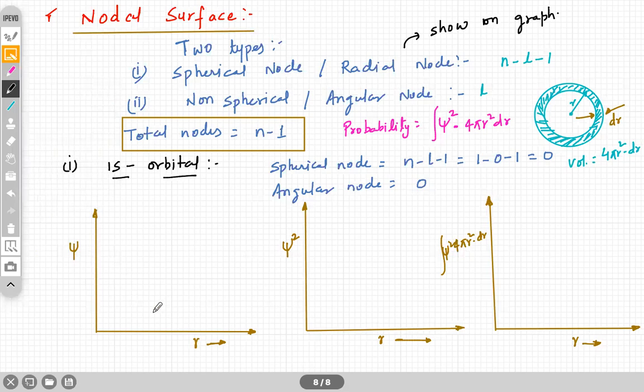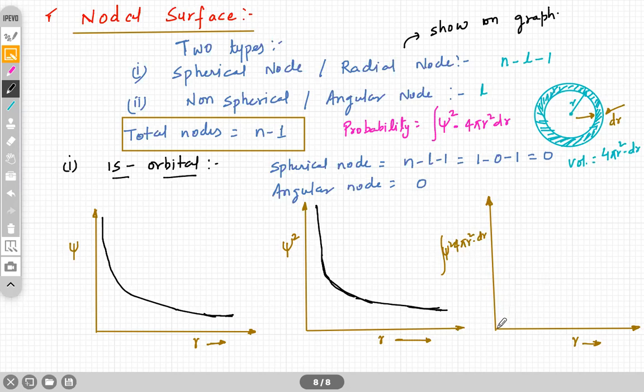The graph for psi and r, which logically we cannot find out because we do not know the relation of psi and r, is observed to be like this. Psi square and r graph also goes steeper, and goes like this, and won't touch the x-axis. This is the probability graph.